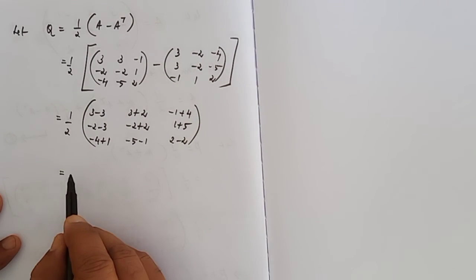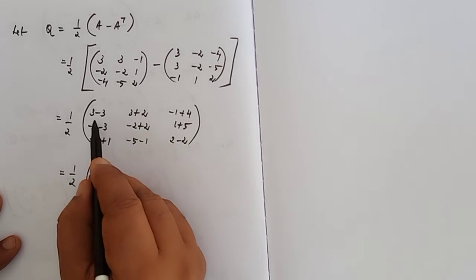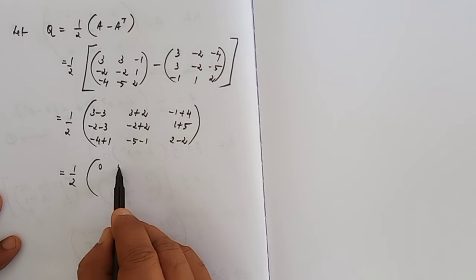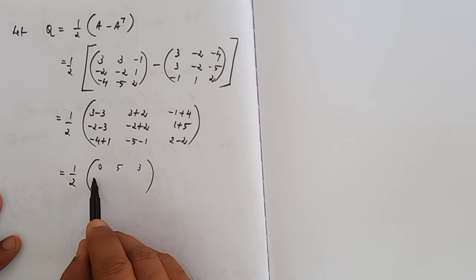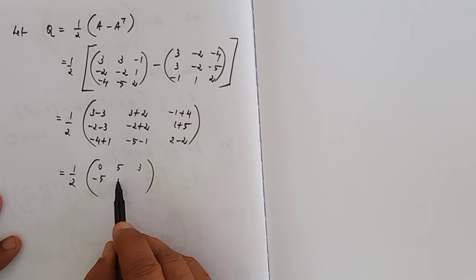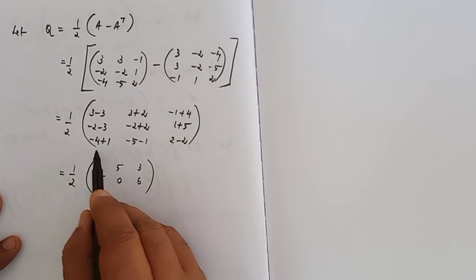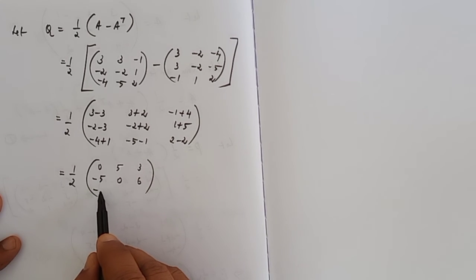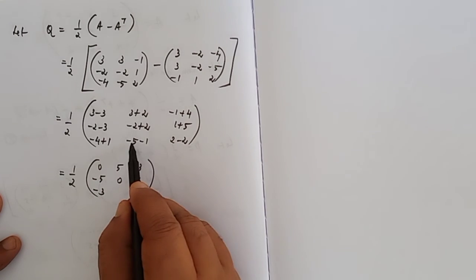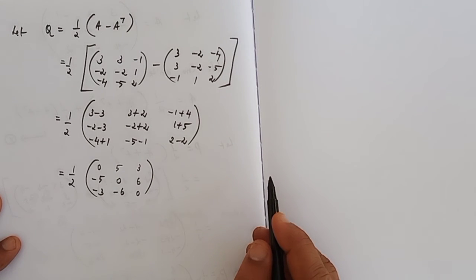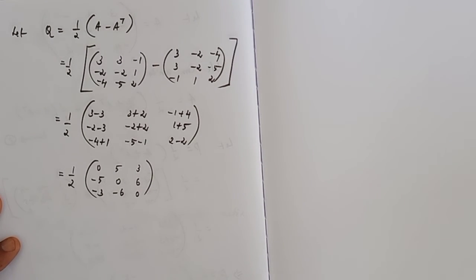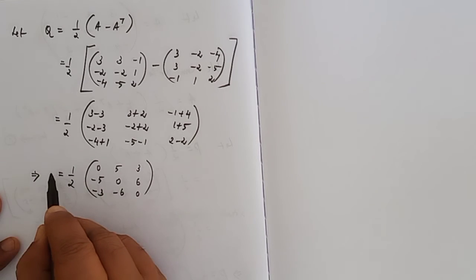That is equal to half into 3 minus 3 is 0, 3 plus 2 is 5, minus 1 plus 4 is 3, minus 2 minus 3 is minus 5, minus 2 plus 2 is 0, 1 plus 5 is 6, minus 4 plus 1 is minus 3, minus 5 minus 1 is minus 6, 2 minus 2 is 0. Okay. Now we have Q.